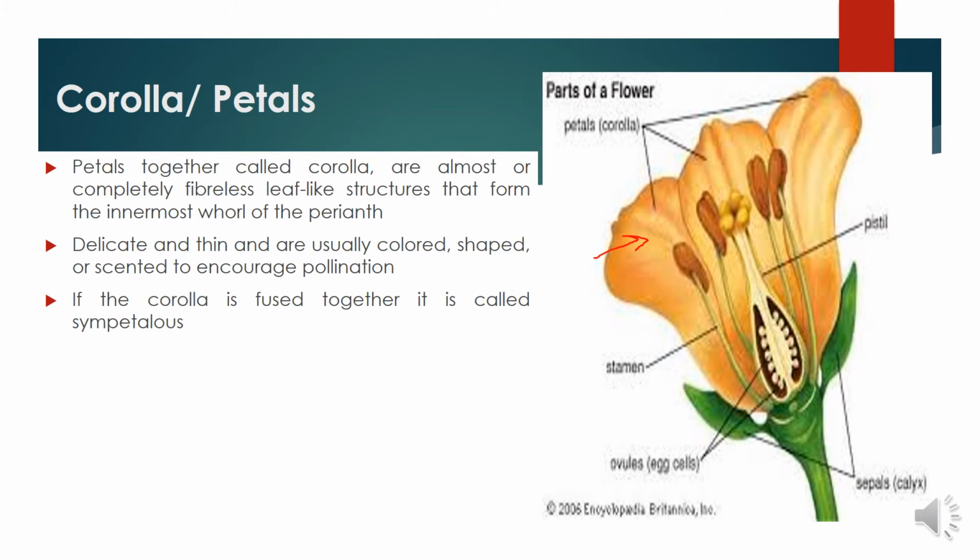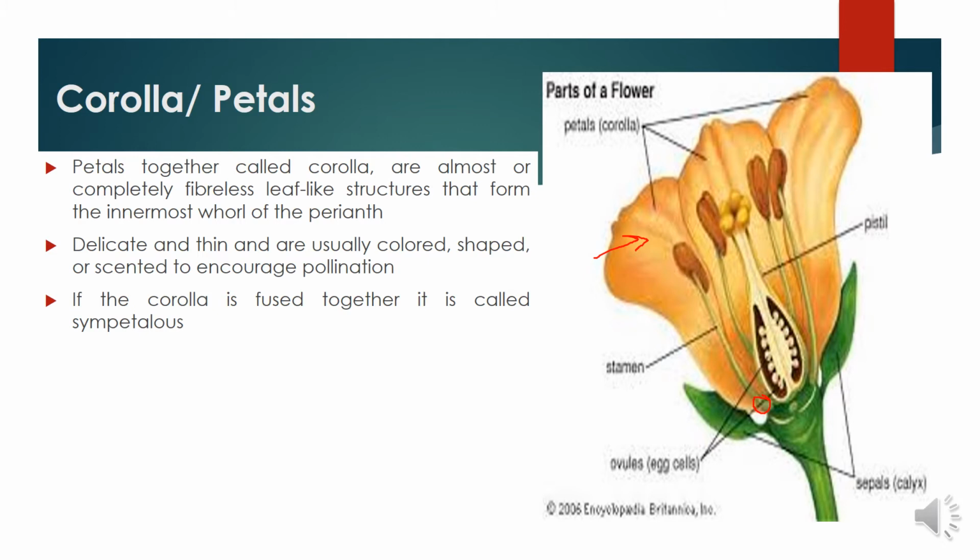Also, they have some nectaries at the base of their petals. So these night-blooming flowers, or flowers that do not have very colorful petals, have either nice or bad scent and nectaries at their base.